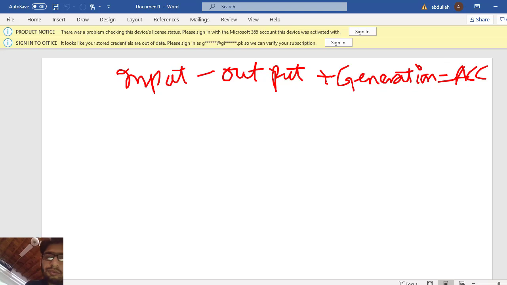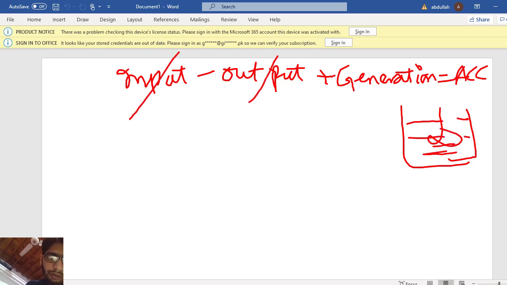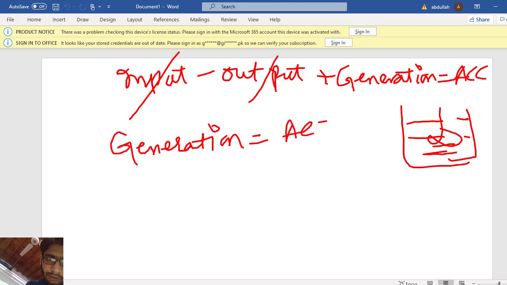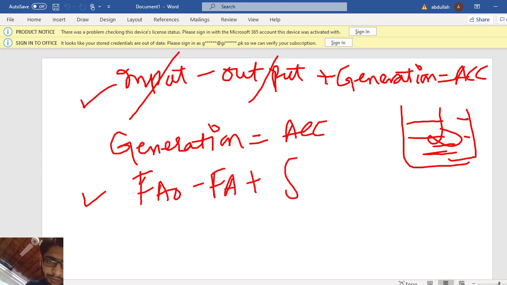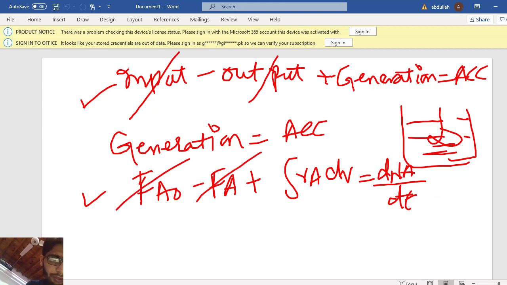For a batch reactor, there is no input and no output, because once we put the material in, after some time we remove the product from the reactor. So this term becomes 0. In symbolic form, for reactant A, it is F_A0 minus F_A plus r_A V equals dN_A/dt.